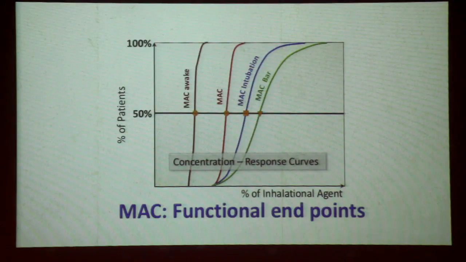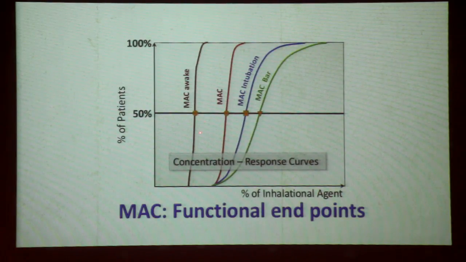It is almost vertical, unlike MAC bar, where different concentrations of the inhalational agent would be used to produce a MAC bar or suppression of hemodynamic response in different categories of patients. It is tilted towards the right. So what we are basically concerned about is this MAC, where we want to make sure that the maximum number of our patients are anesthetized properly and are not awake.